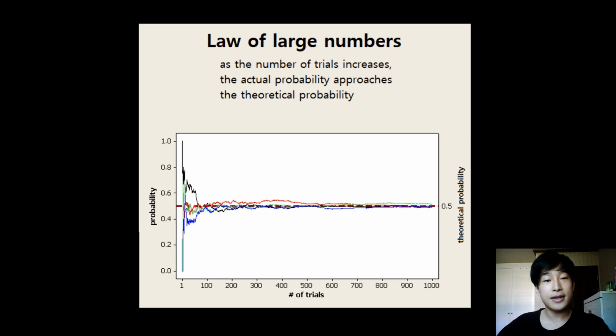You couldn't really find any consistency here, because if you have just a few trials, it is possible that you get 100% heads or 100% tails. But if you flip the coin over and over again, you can see the lines here getting closer to 50%, which is the theoretical probability of flipping a coin.